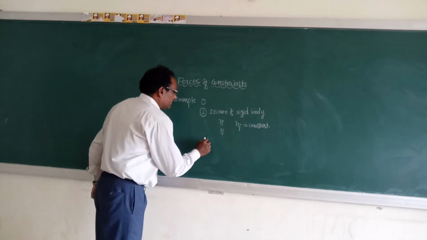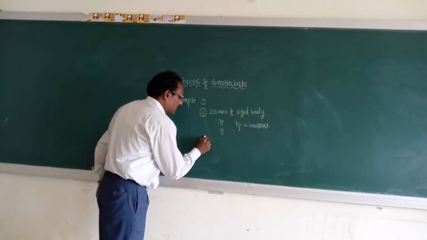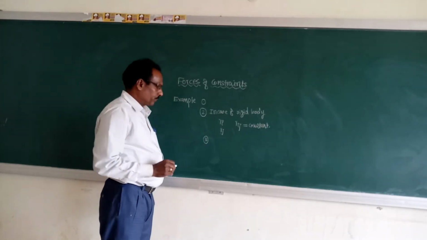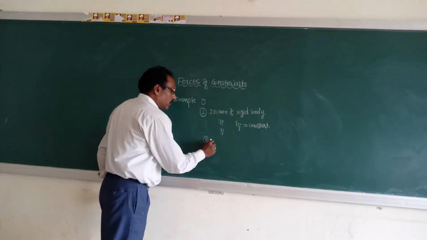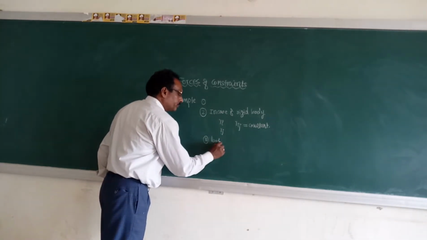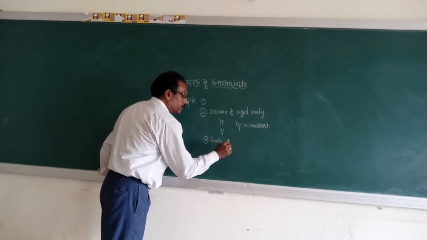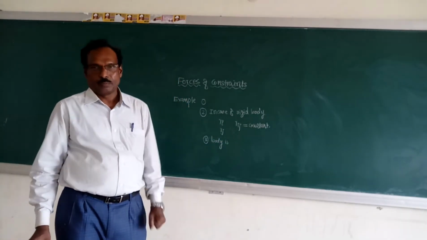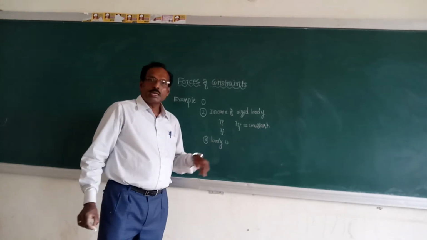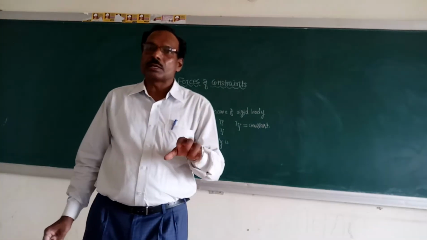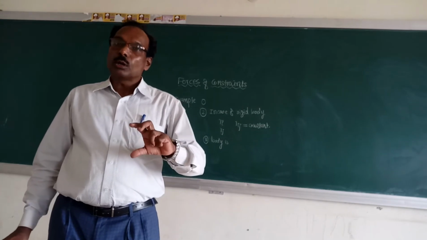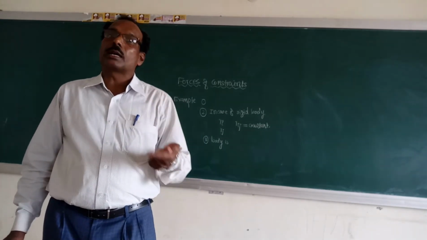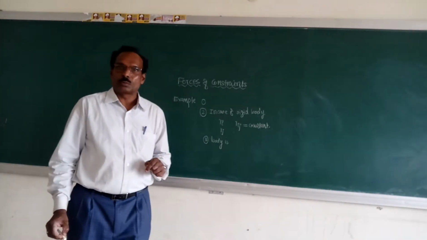Another example, that is example number 3. Say a body is allowed to move on the surface of a sphere. When the body is allowed to move on the surface of a sphere, it is in contact with the surface of the sphere.